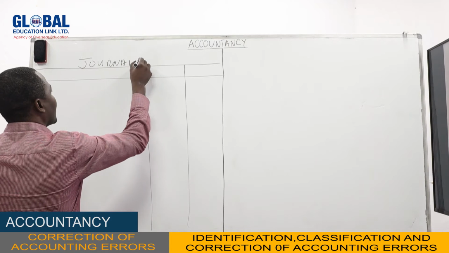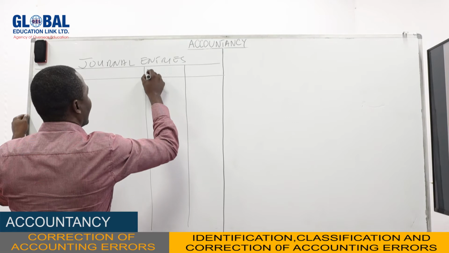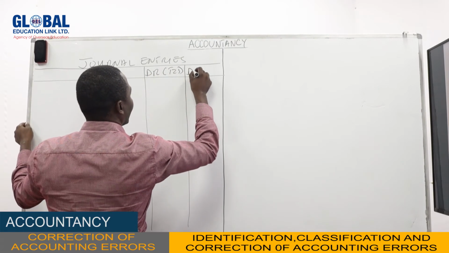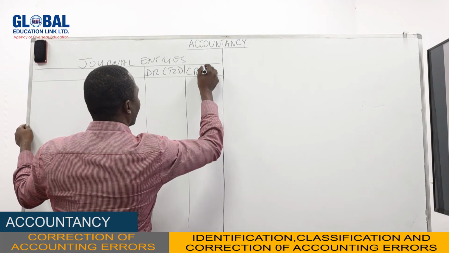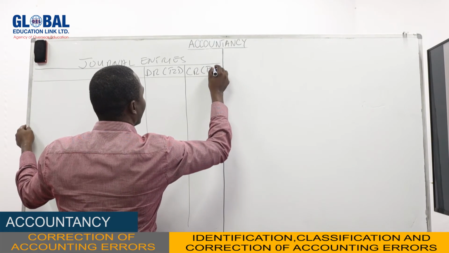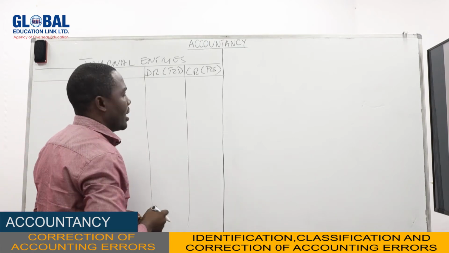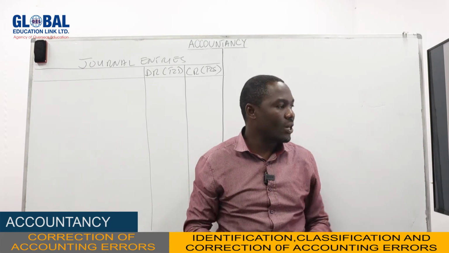This is our journal. We have the debit side and the credit side, with TZS for debit and credit balances. Our question says a cash payment of TZS 16,000 for rent has been omitted from the books, meaning it was not recorded completely.